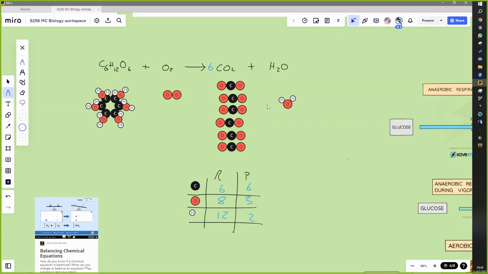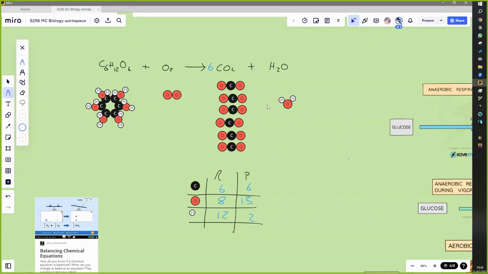So the carbons are balanced, but when I did that, obviously I changed the number of oxygens. So now the oxygens are 12, but also this one, so 13. So I can just add a 1 actually. Let's do that. Yeah, that's right, isn't it?